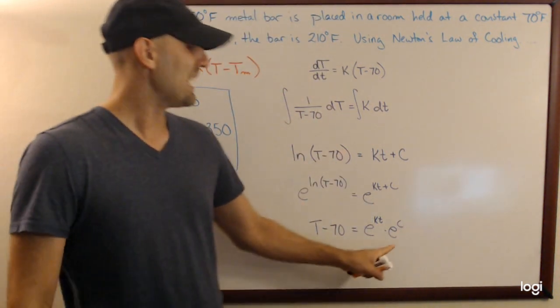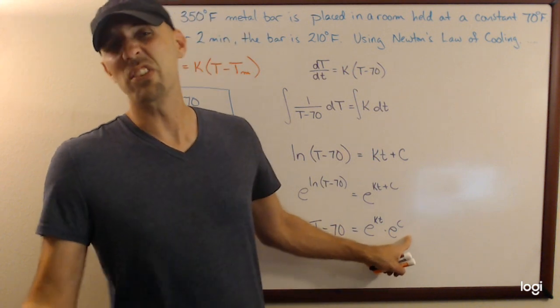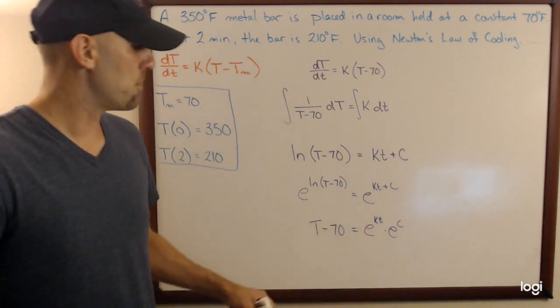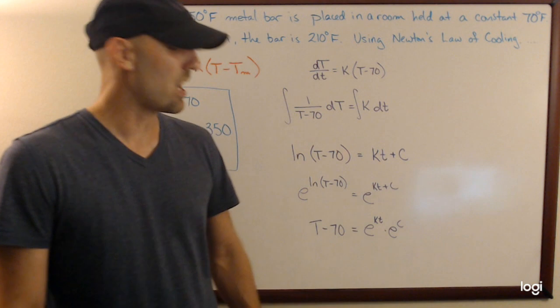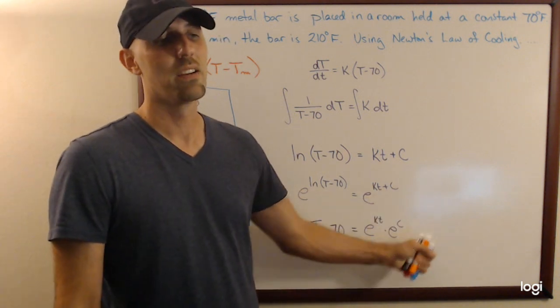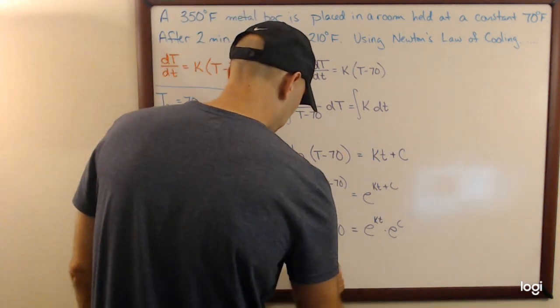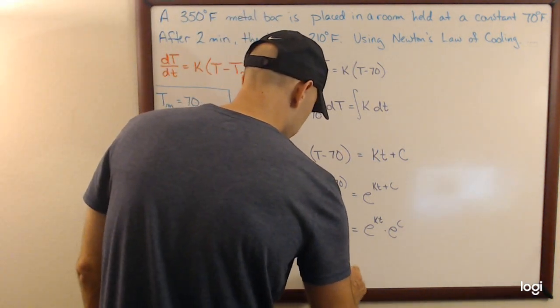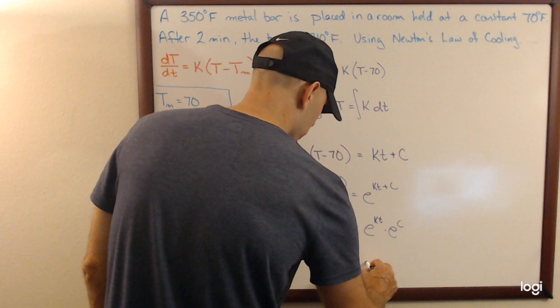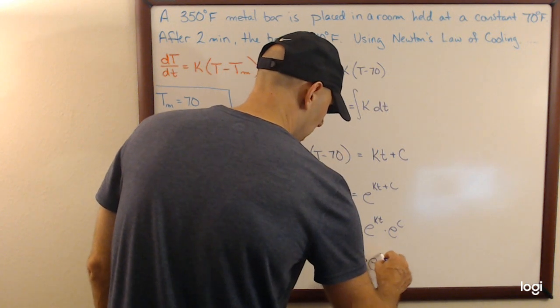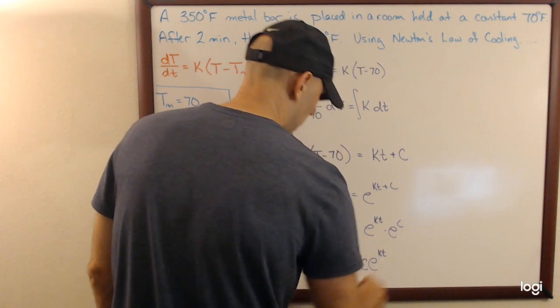Well, e is a constant. So is c. So you have some constant raised to another arbitrary constant. I'm just going to replace that with another arbitrary constant, right? So this gives me T minus 70 is equal to some constant times e to the kt.